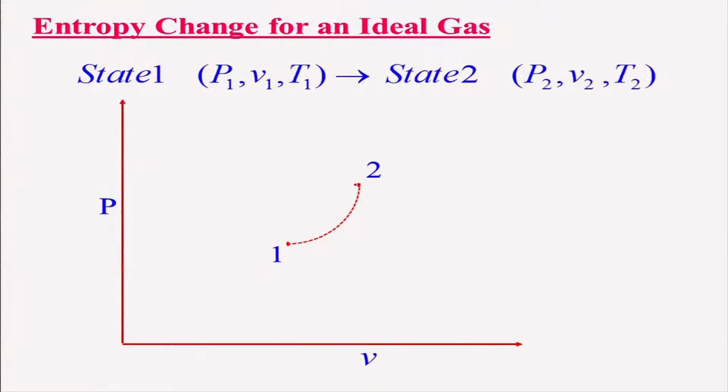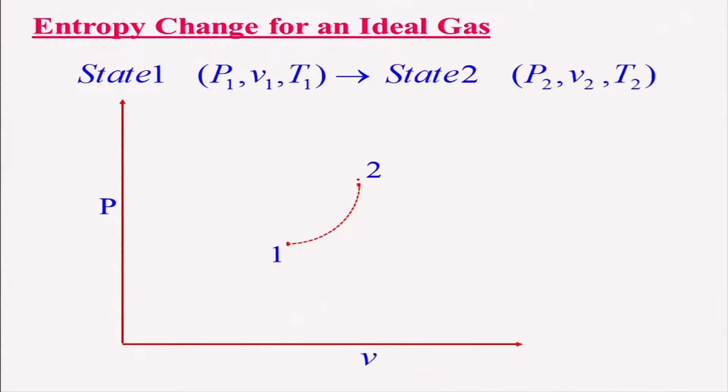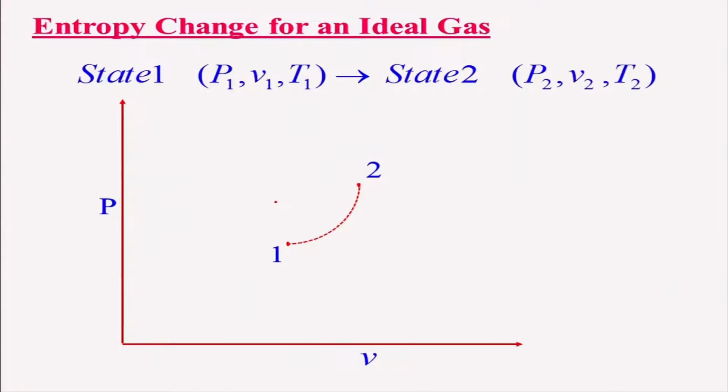We can say that it is an irreversible process, right, and we need to find the entropy change between state 1 and state 2. So, how do we go about it?